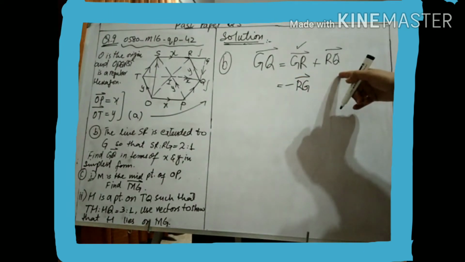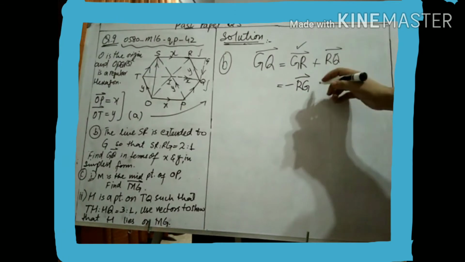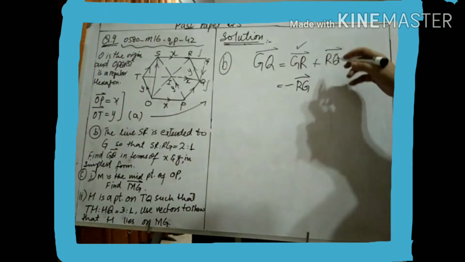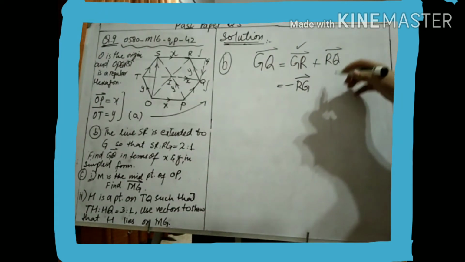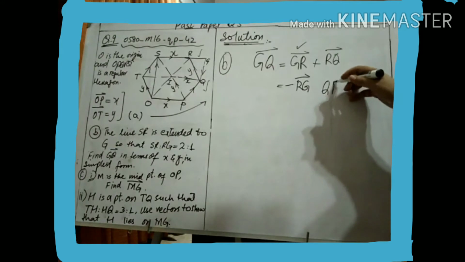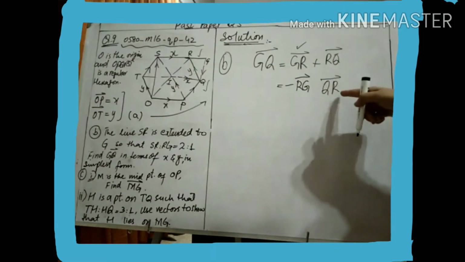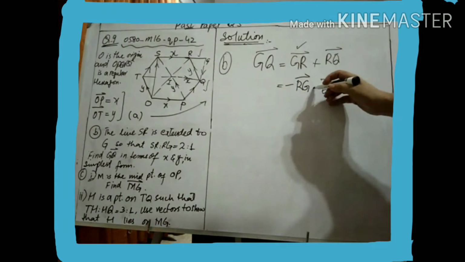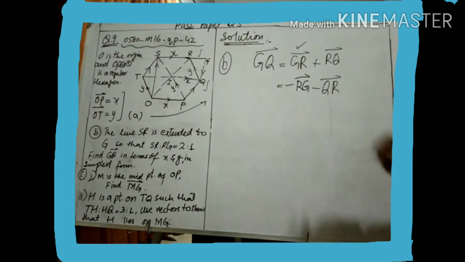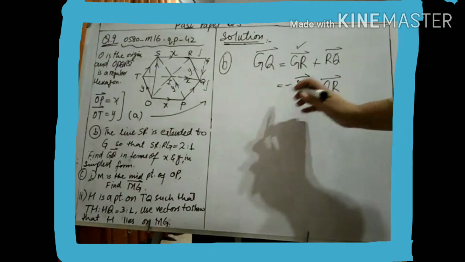Same with this RQ. In the diagram, the QR vector is Y, not RQ. So let me change the direction of this vector also. I am going to write it now as QR. As its direction is changed, we will also change the sign.